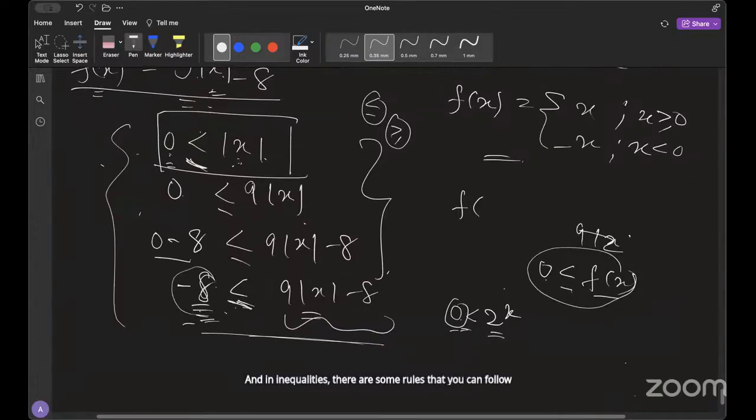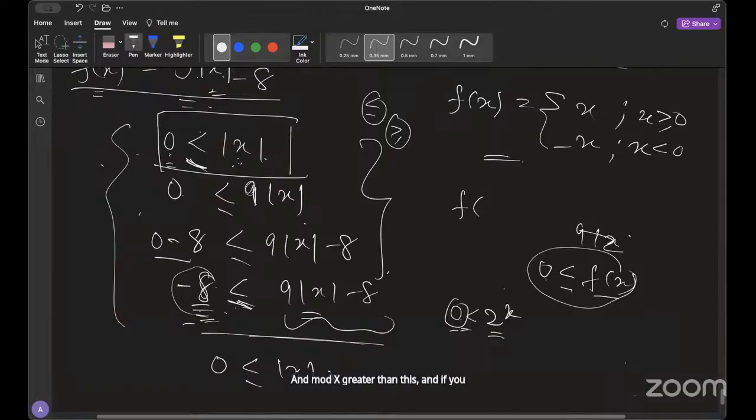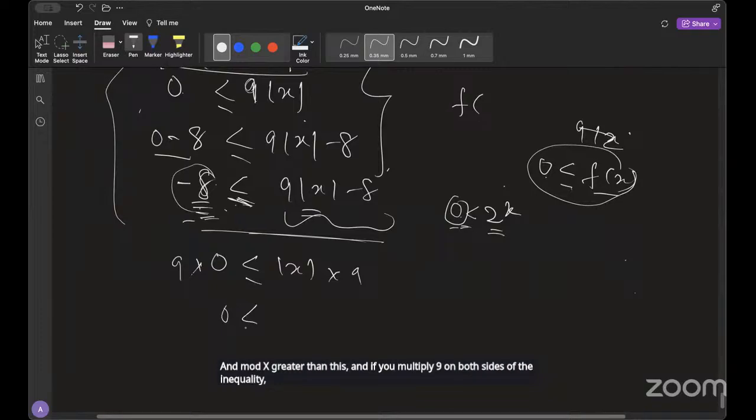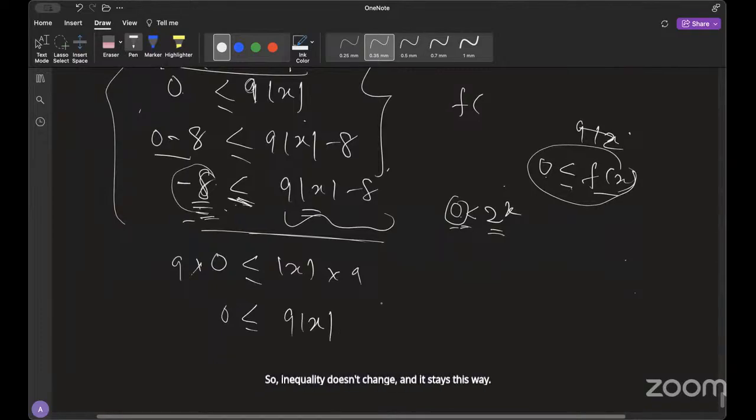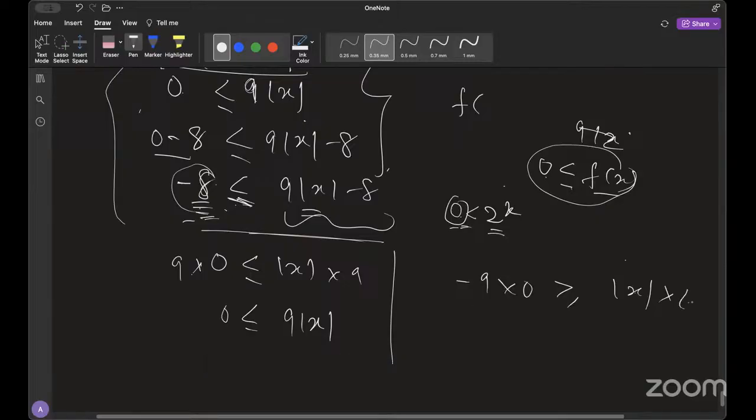If you have mod x greater than or equal to 0 and you multiply by 9 on both sides, the inequality doesn't change and stays this way. But if you multiply a negative number, let's say minus 9, on both sides, your inequality changes. For minus 9, it will be this thing, which is 0.